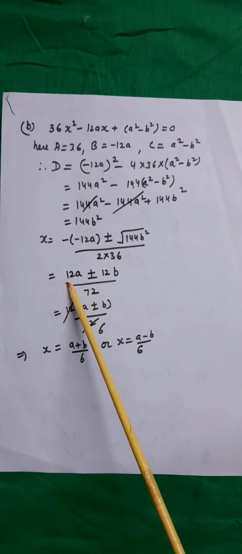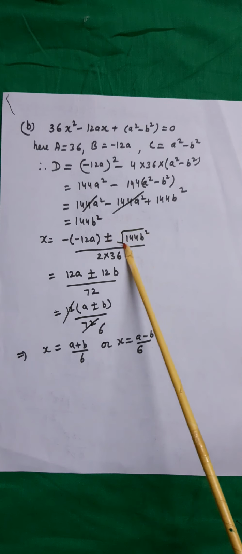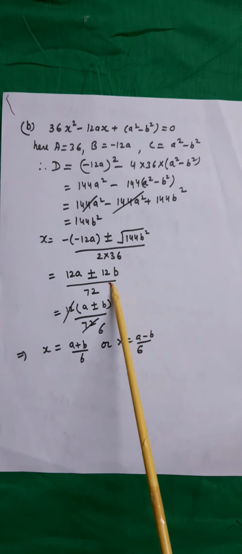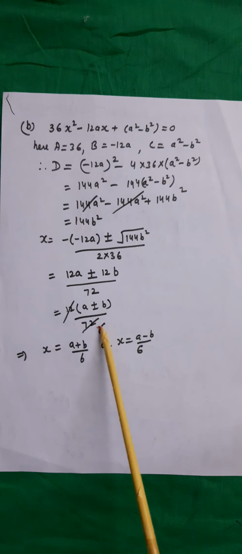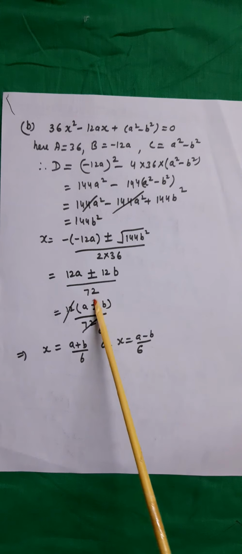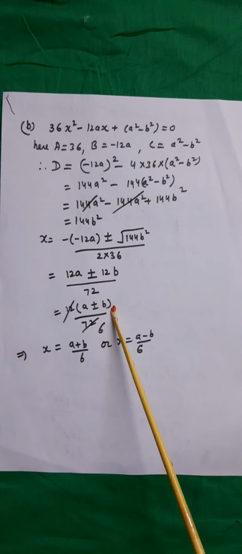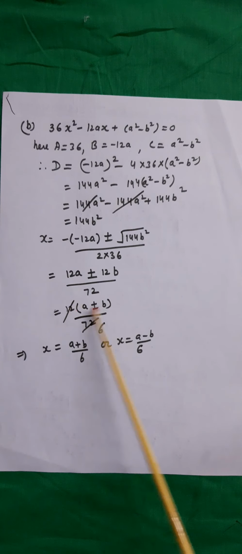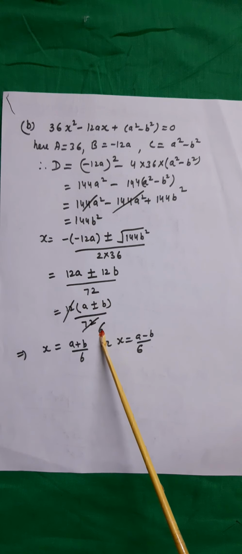I open it, so I get +12a ± √(144b²), which is 12b, upon 2 × 36, that is 72. So now 12 is common here. 12 inside you have (a ± b) upon 72. 12 times 6 is 72. So you have (a ± b) / 6.